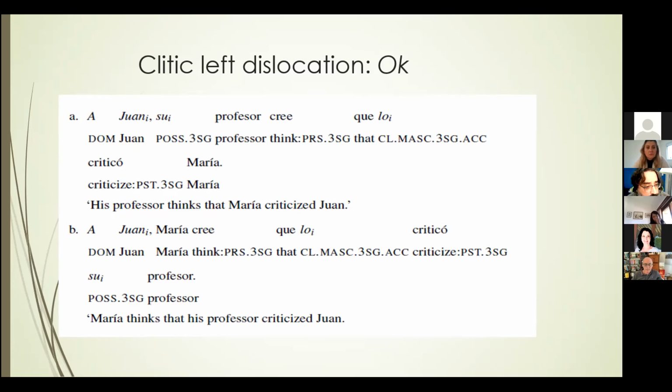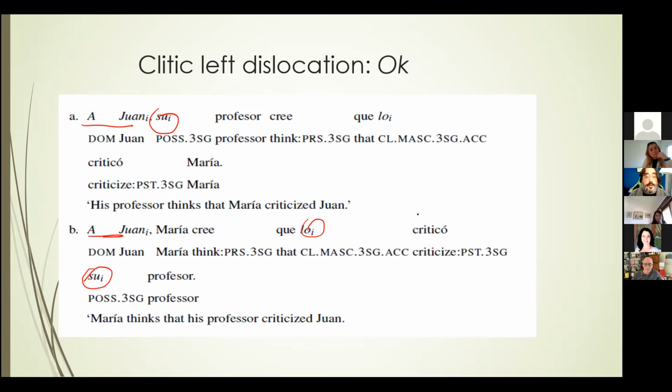No weak crossover effect. For instance, a Juan, su profesor cree que lo criticó María. Perfect. You can have a co-reference between su and Juan. And the same, of course, if you have the possessive in the embedded clause. You have the possessive here, then you have the clitic here, and then you have Juan here.